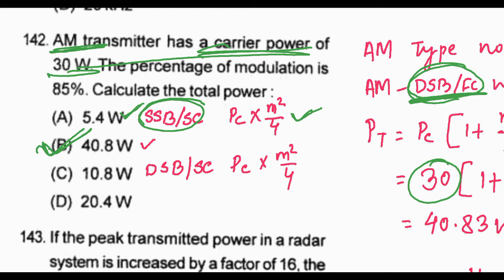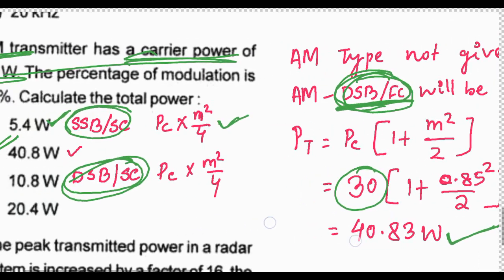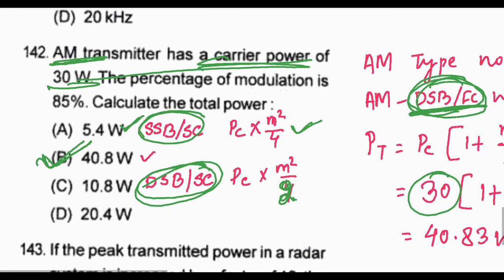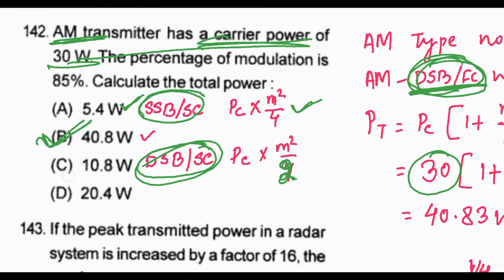Another type is DSB-SC, where the formula is PC into m square by 2, not 4, and here the answer will be 10 watt. So as nothing is given, I have chosen the standard one.